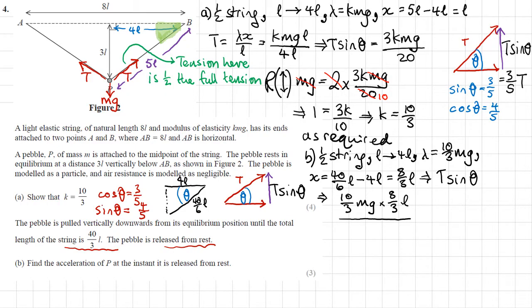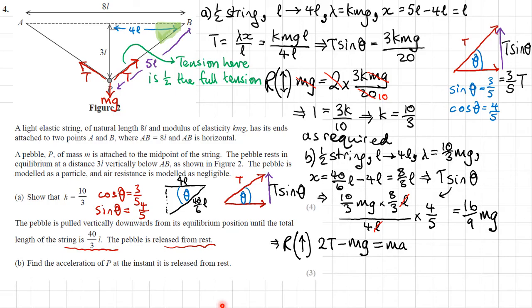We're talking about the half string here, remember. So the natural length of this half string is going to be 4L, and we're multiplying that by sine theta, so by 4/5. So all of that there is the component of the tension going up. Now the L's cancel out here, and multiplying out the rest, we'll get 16 over 9 mg.